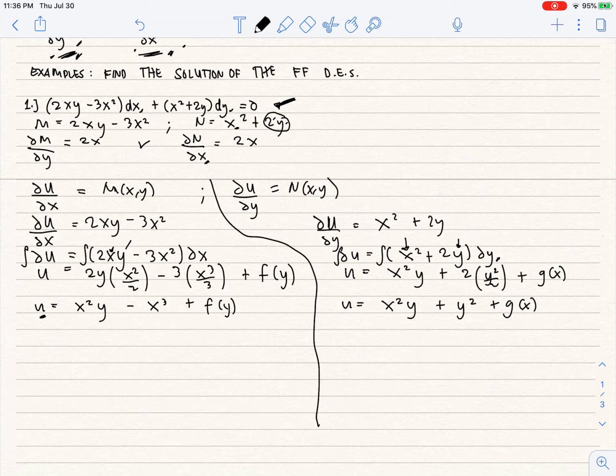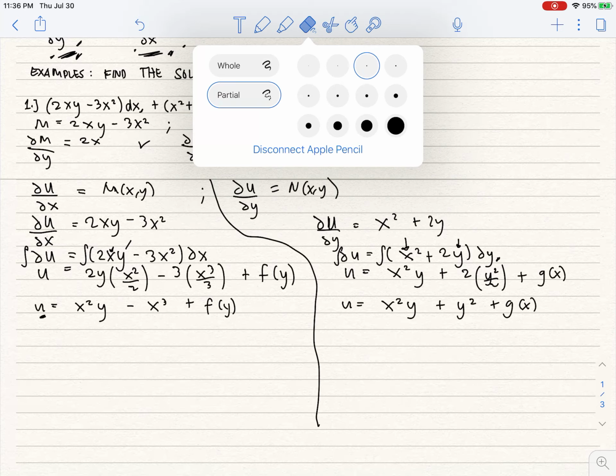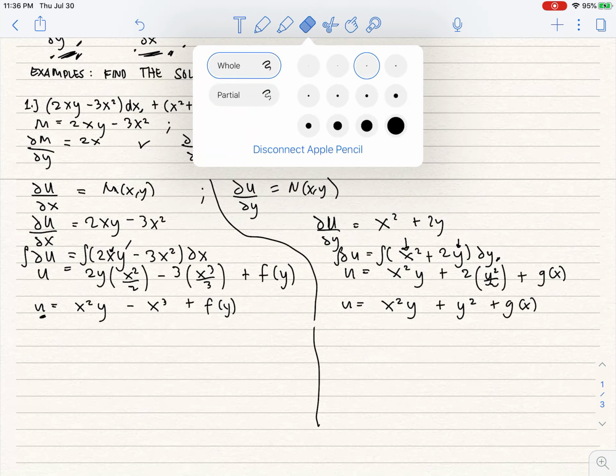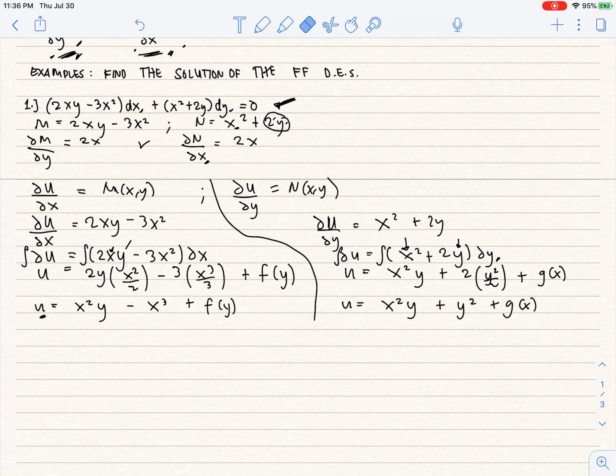So the next step is to find the missing constants of integration, which is f of y and g of x. Okay, so itong butang diri na find f of y and g of x. So mapangita na to ang f of y and g of x gamit ang paggamit og comparison. So atong i-compare ang first na u sa second na u.